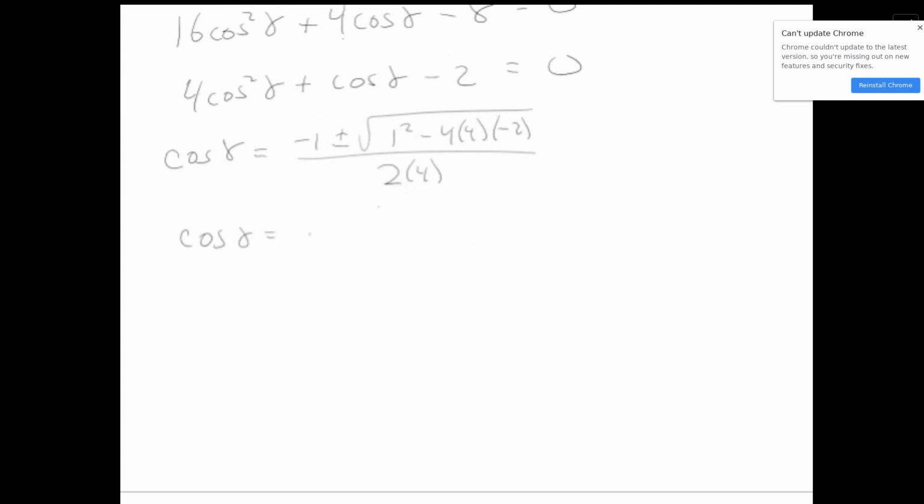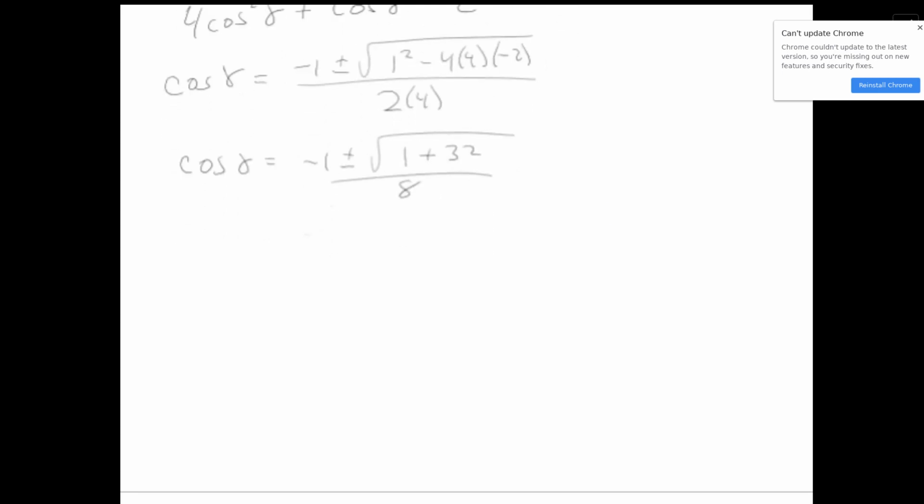So cosine gamma equals negative 1 plus or minus the square root of 1 plus 32, over 8. So cosine gamma equals negative 1 plus or minus the square root of 33 over 8.